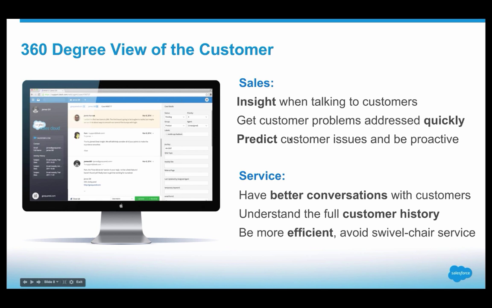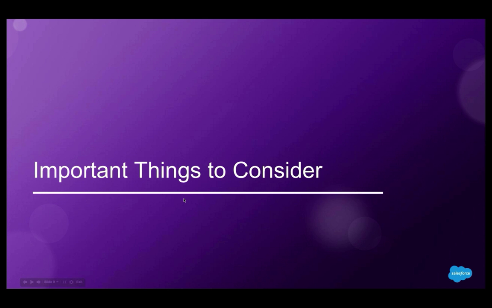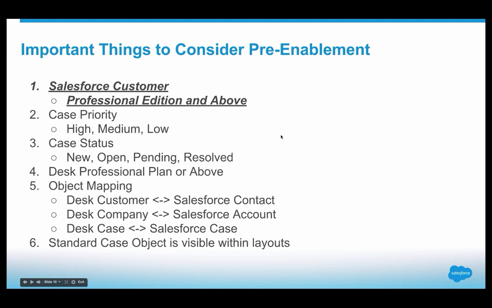So let's talk about a few prerequisites that are needed to enable this amazing feature. Next slide. So the first thing that's needed is that you need to be a Salesforce customer and have a Salesforce Professional Edition or above. In Salesforce, we want to make sure that the case priority pick list values have been added, which are high, medium, and low.